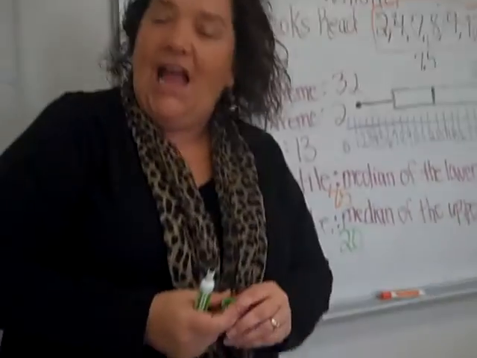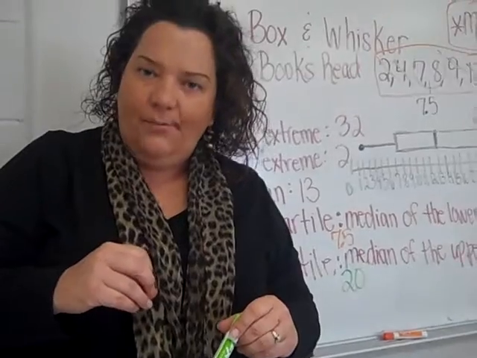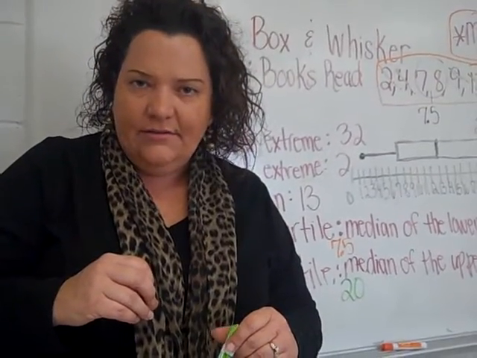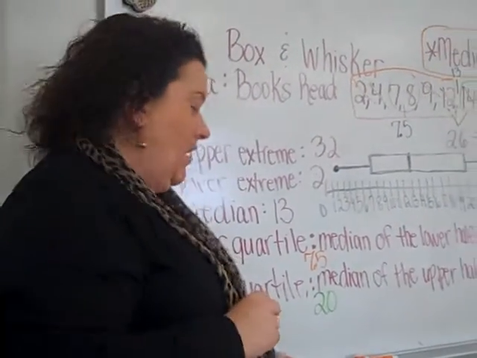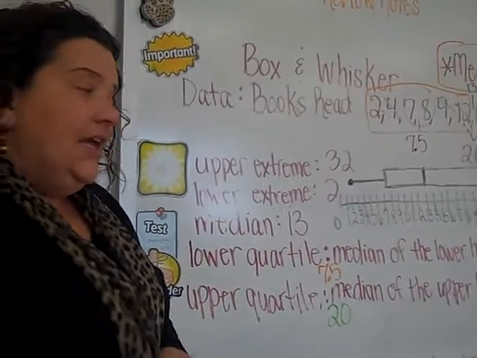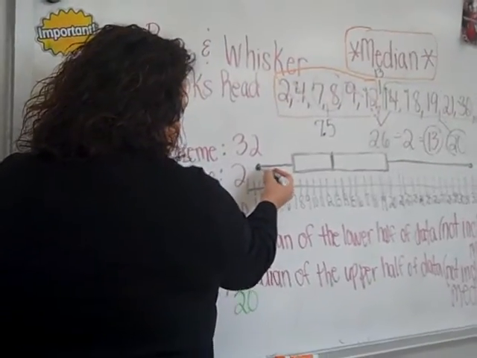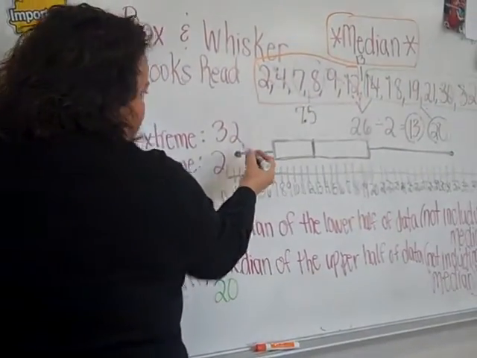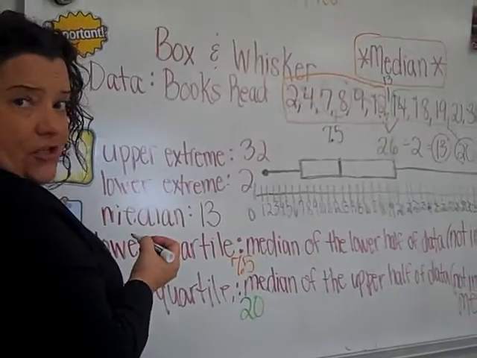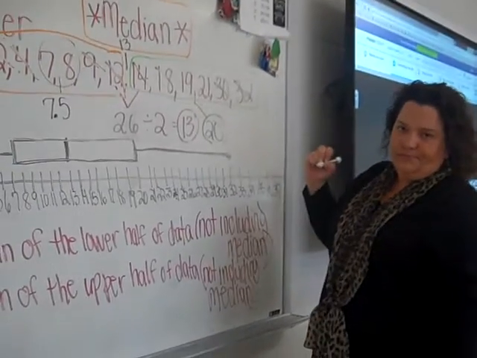I believe now we're ready to plot this information on our box and whisker plot. The first thing we're going to do is put a polka dot above the lower extreme value, which was 2, and then our upper extreme value, which is 32.